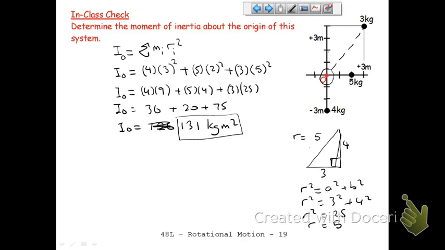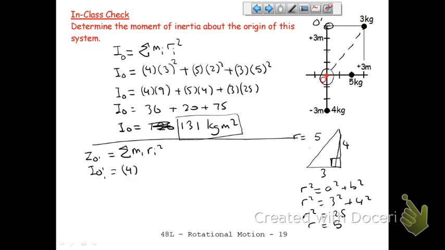Okay, I'm going to change the problem. I'm going to say that's my rotating axis. We'll call that O dash. So my moment of inertia about O dash is equal to the sum of m r squared. My moment of inertia about that new axis is, well, let's do them in the same order, so it's going to be 4.